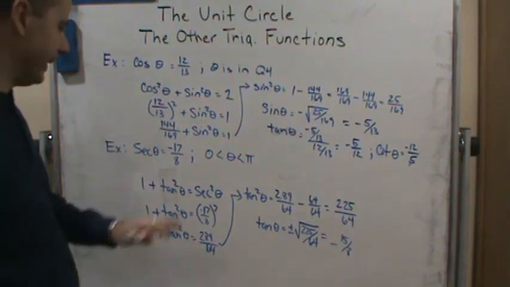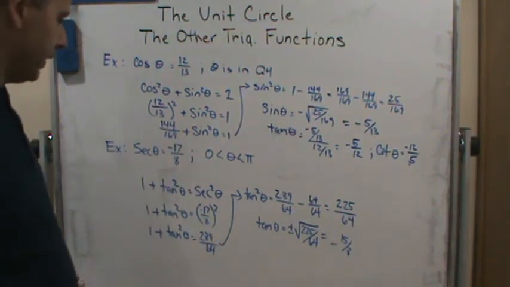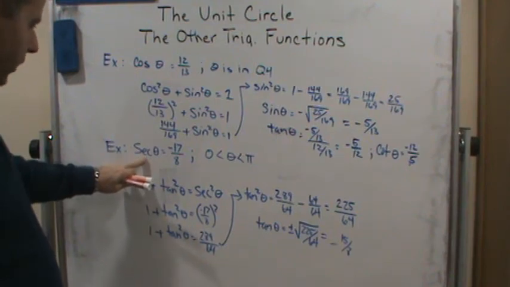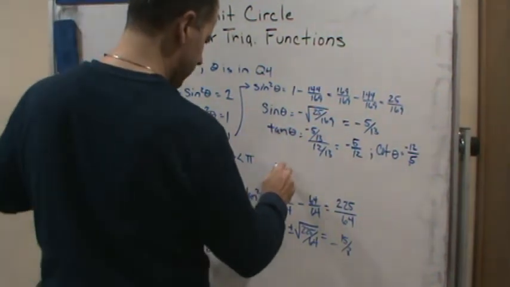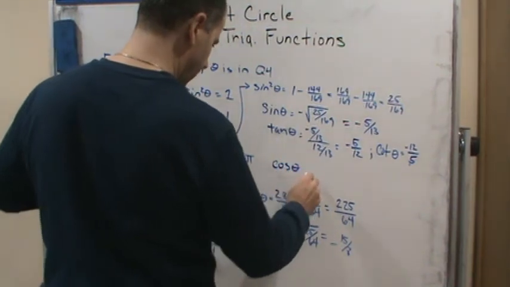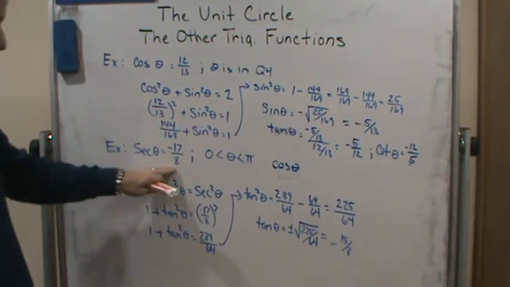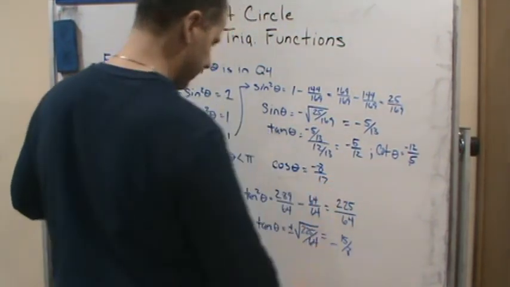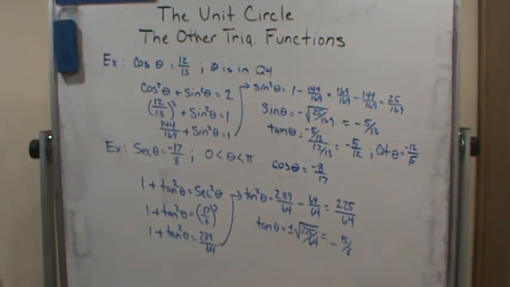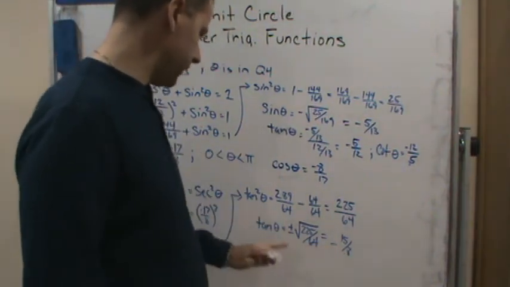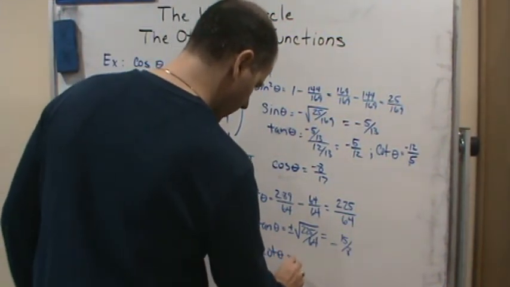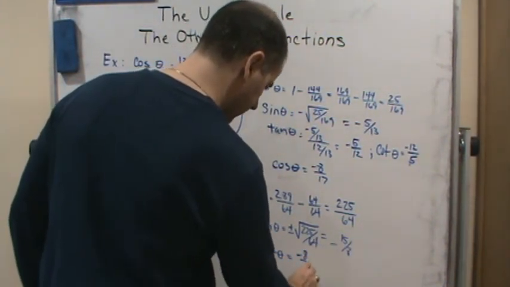And now from there we can get the rest of them. So let's just write them out. Cosine theta is the reciprocal of secant theta, so that's going to be negative 8/17. Right? Tangent theta is equal to this, which means cotangent theta is negative 8/15.